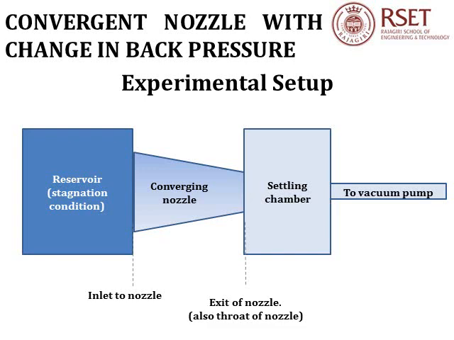A valve is provided over the pipe in order to control the influence of vacuum pump inside the settling chamber. By adjusting the vacuum pump, we can increase or decrease the pressure inside settling chamber.